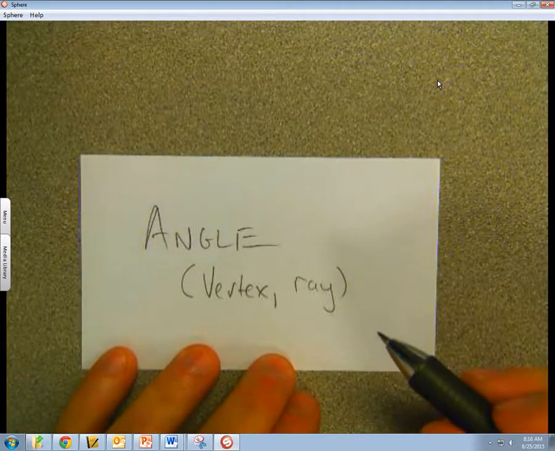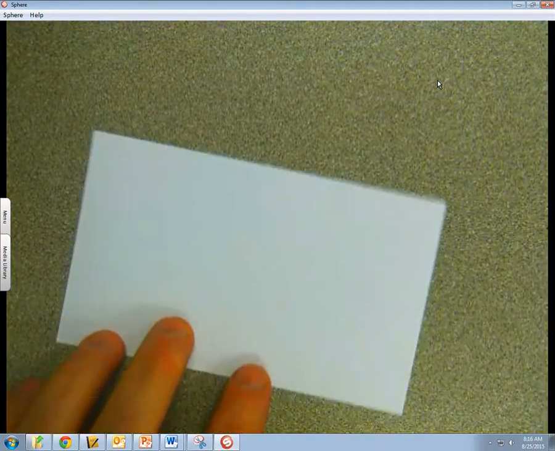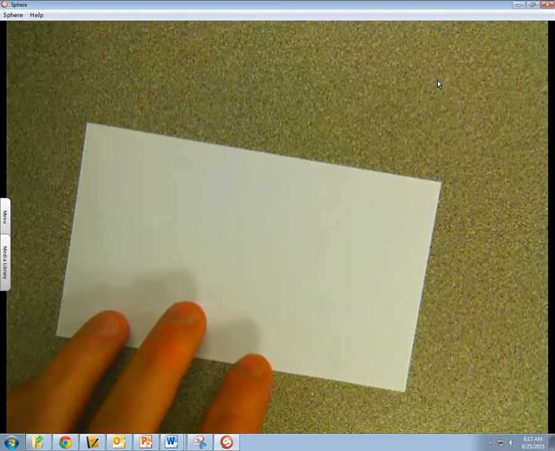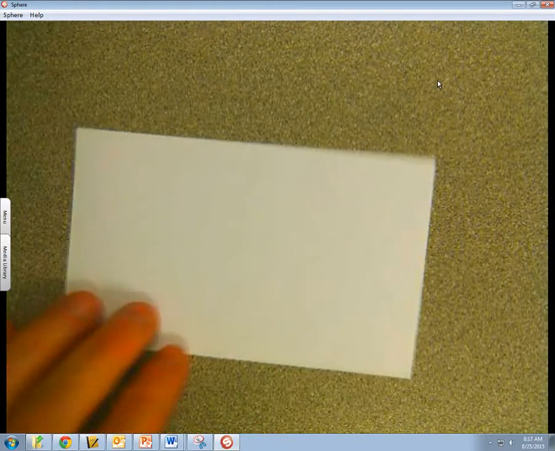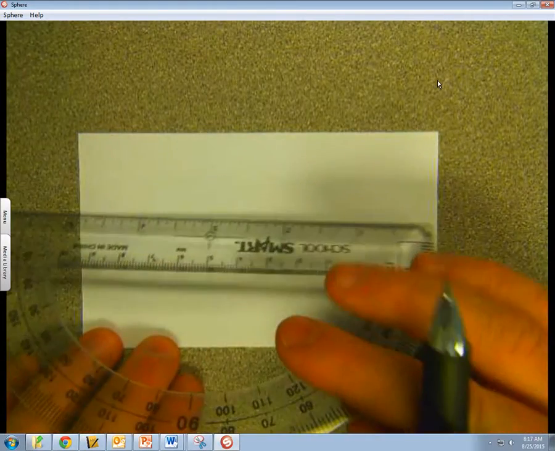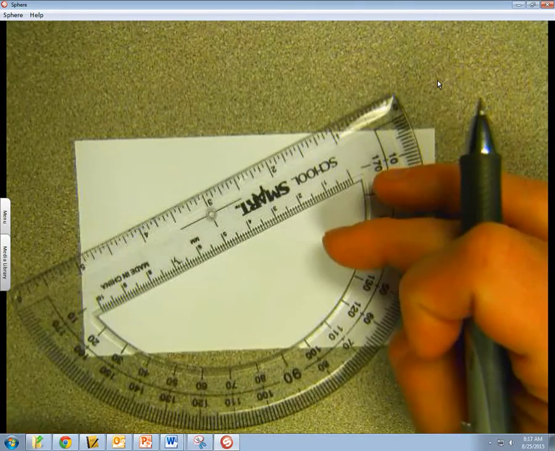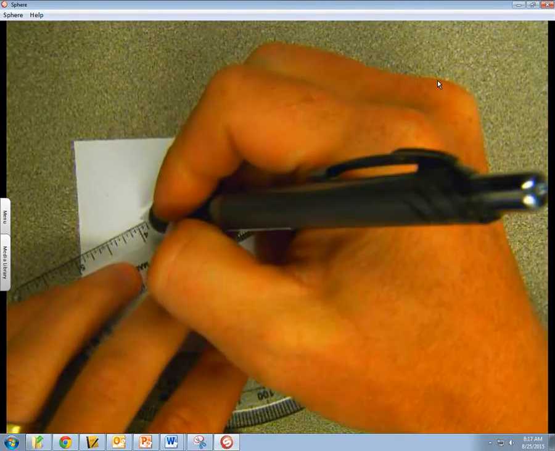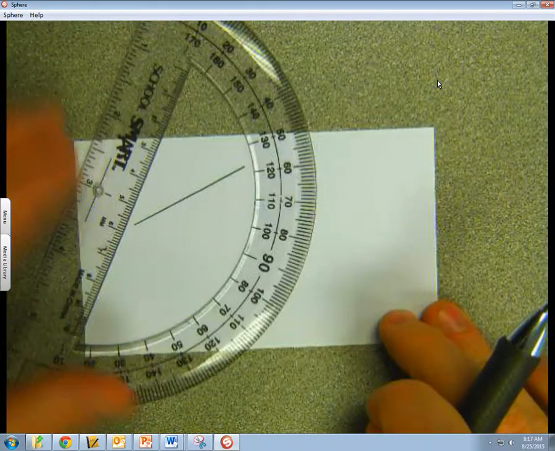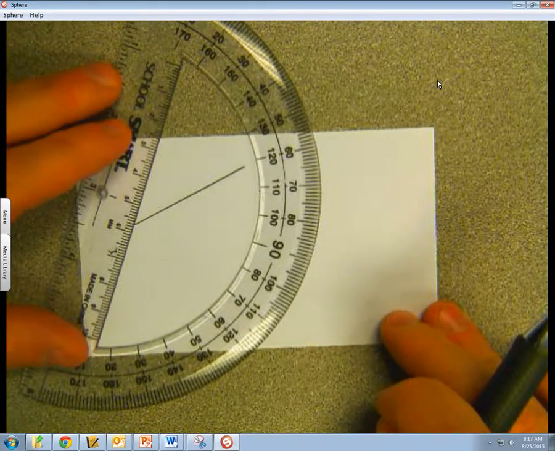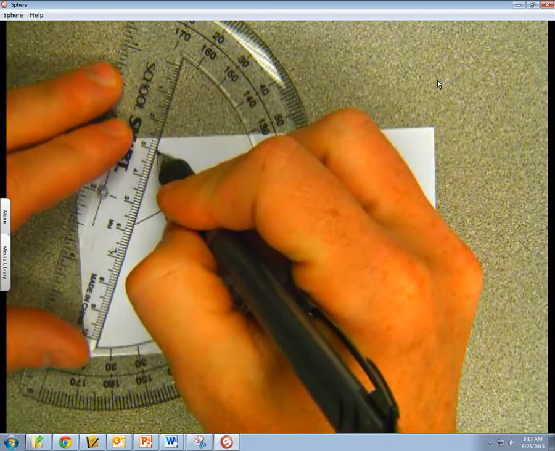Alright, so let's go ahead and start with an example. Let's just go ahead and draw an angle. I'm going to tilt it a little bit so we get used to working with things that aren't always drawn perfectly, and we'll change it.